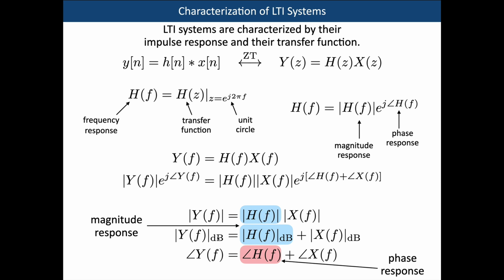We could express that in dB by saying that the magnitude of the output is equal to the sum of the magnitude response and the magnitude of the input. Notice that in the dB domain, instead of a product, we have a sum. And then also we have a sum of phase responses if we equate phase responses on both sides of this expression.